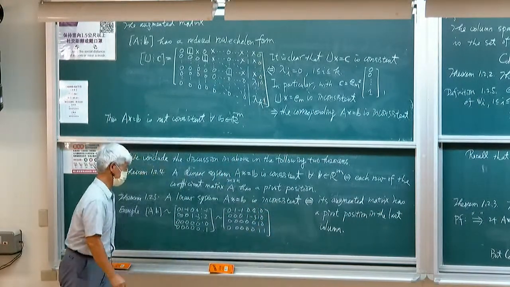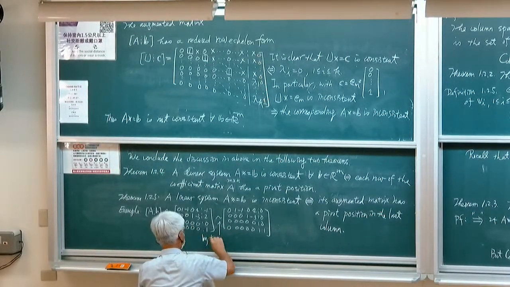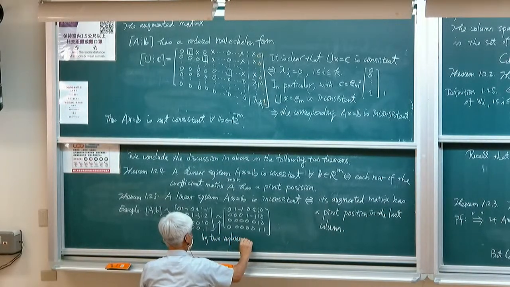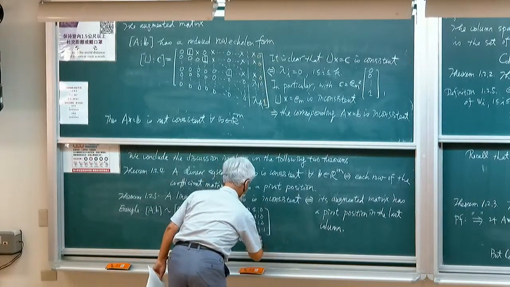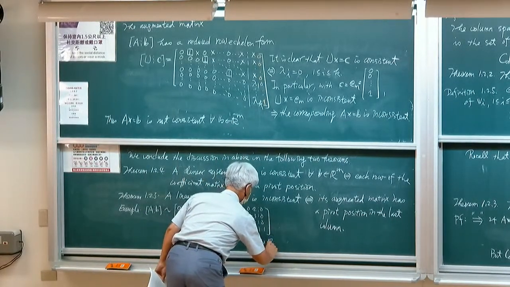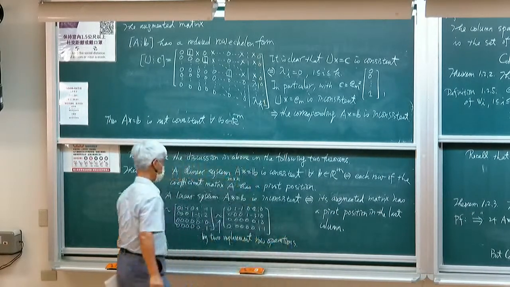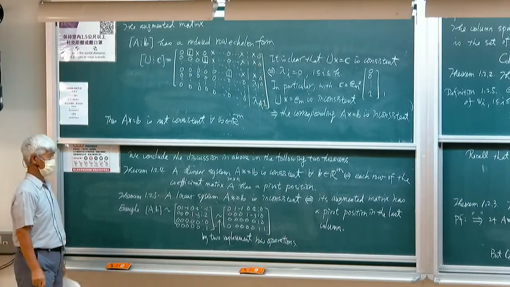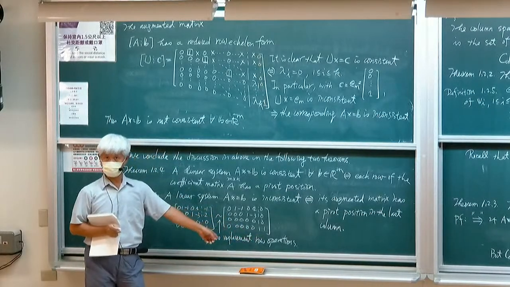So by 2 replacement row operations. Now, this augmented matrix is not in reduced row echelon form.